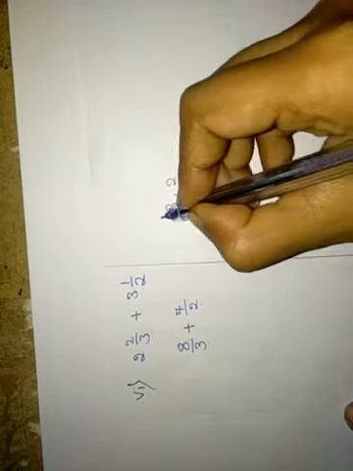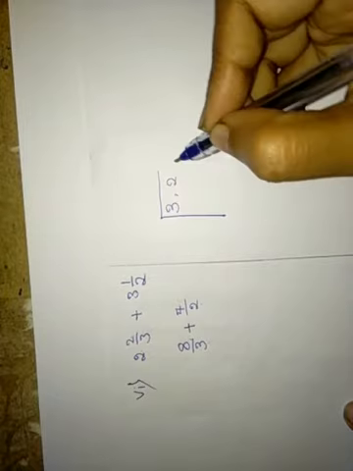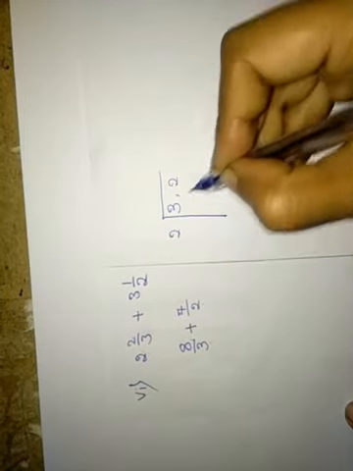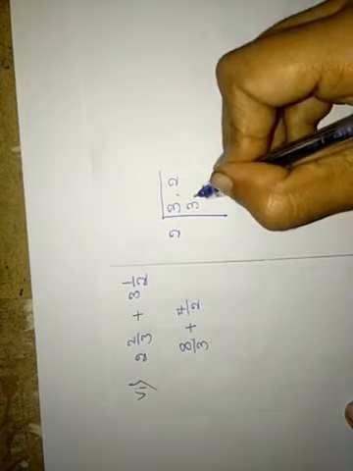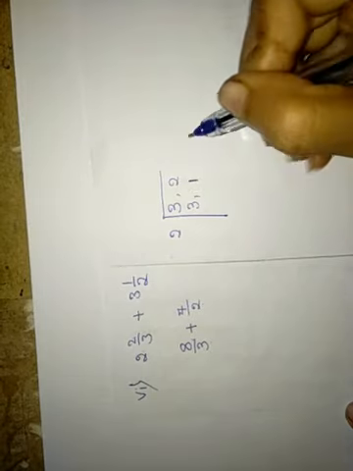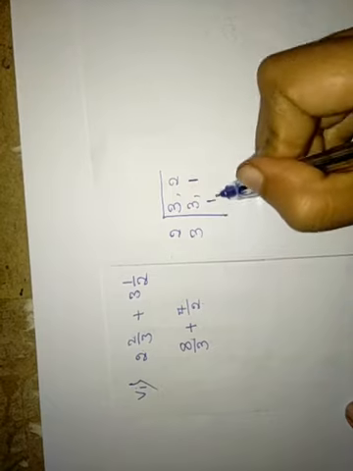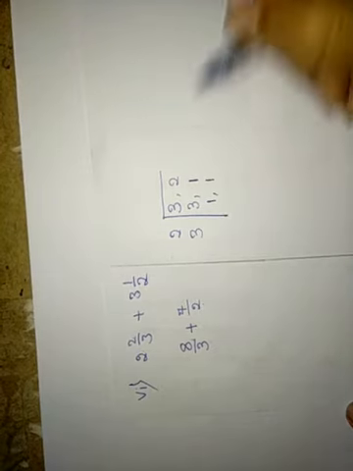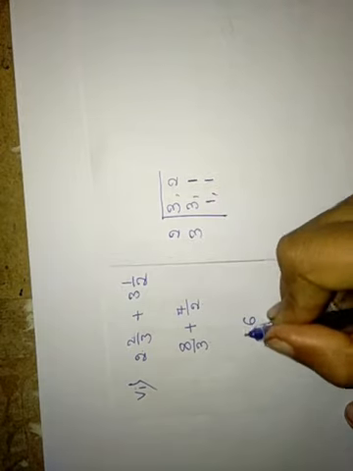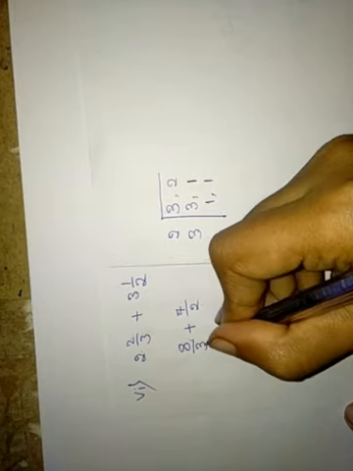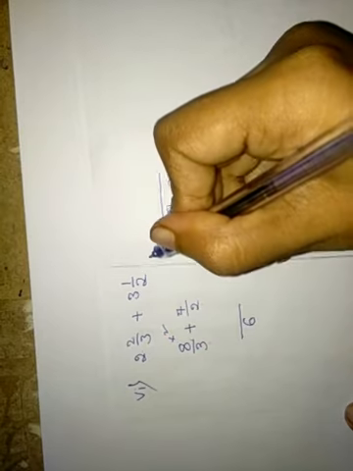3 and 2. 2 in 2 table 3 will not go. So I will keep 3 as it is. 2 1s are 2. Again 3 1s are 3. 1 I will keep as it is. 2 3s are 6. So LCM is 6. To make this denominator 6, I will multiply it by 2.